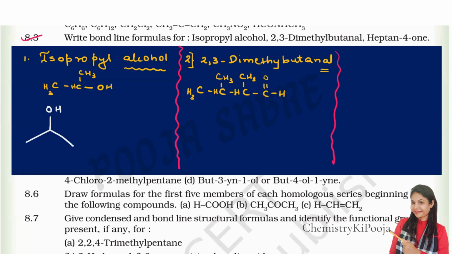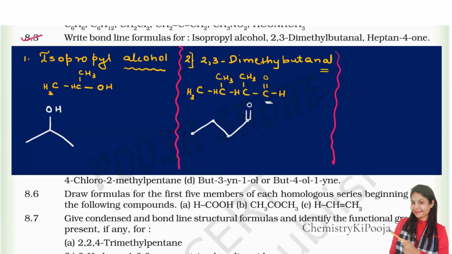And now we are going to draw the bond line formula. Now here we have the first carbon, second, third, and fourth. And then on this carbon, we have a double bond to oxygen. Do not put a line on the H like this, because if you put this line, that means there is one more carbon. That is totally wrong.